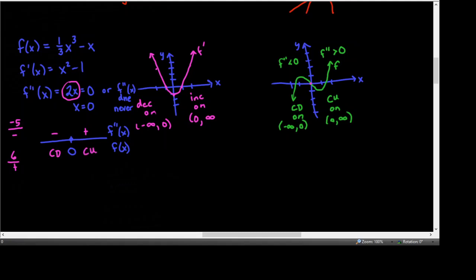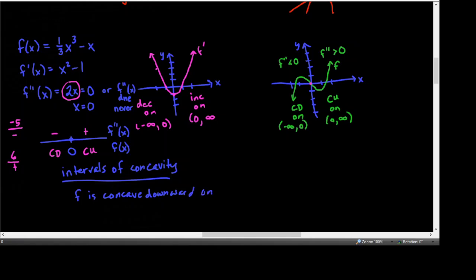And so our conclusion would be, if they ask us to find the intervals of concavity, then our answer would be: f is concave downward on the interval from negative infinity to 0, because f double prime is negative on that interval, negative infinity to 0.